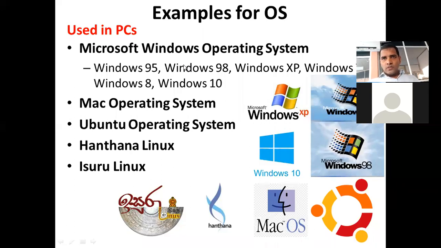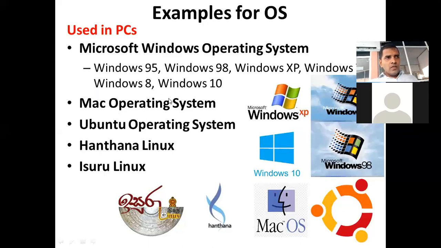If you don't release the updates or versions, you cannot be there in the market, because it is always competition. So that's why we have versions. I mentioned Windows 95, Windows 98, Windows XP, Windows 7, Windows 8, Windows 10. There may be many Windows versions, right?